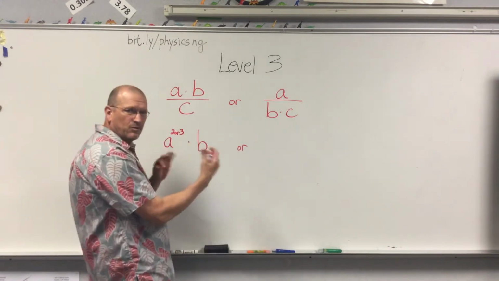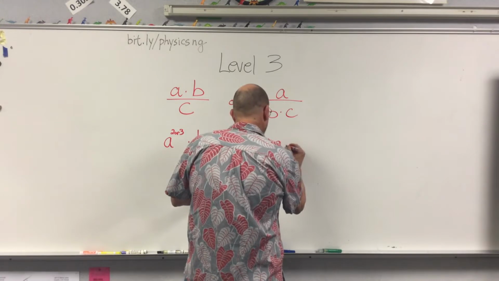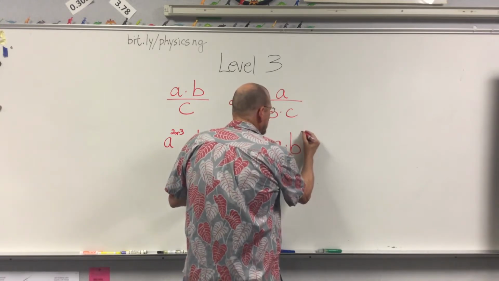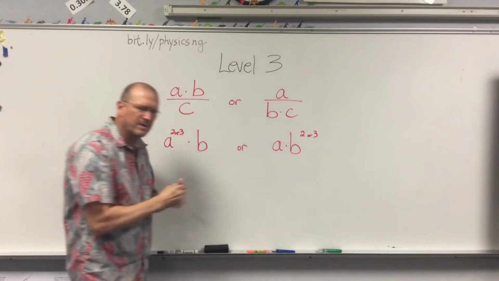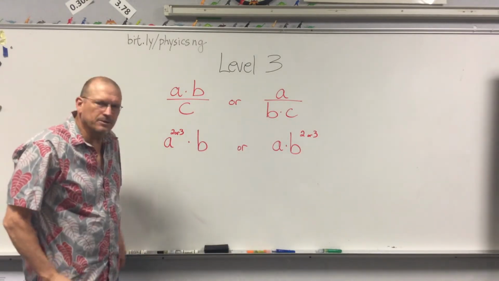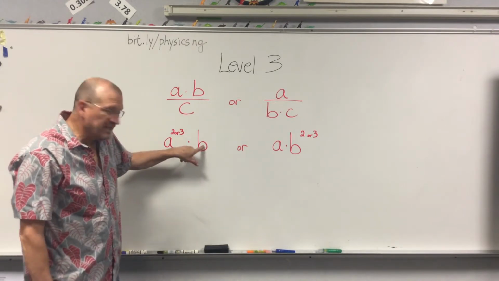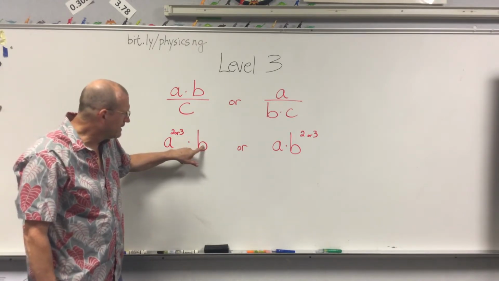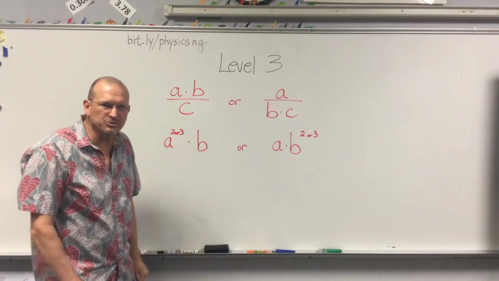Or kind of the mirror image of this would be these 2 things being multiplied, but the second unit is squared or cubed. So in this particular type of problem, this is like doing a level 1 and then doing a level 2 right after that in your structure.